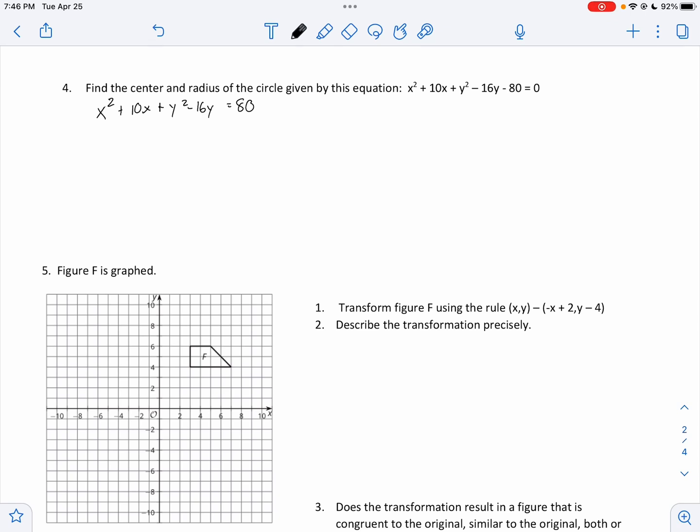And now, looking at these first two terms and completing the square, we need a perfect trinomial. So we take the coefficient of x, which is 10, divide it by 2, which is 5, and square that to get 25. So we need to add 25 to both sides of our equation.